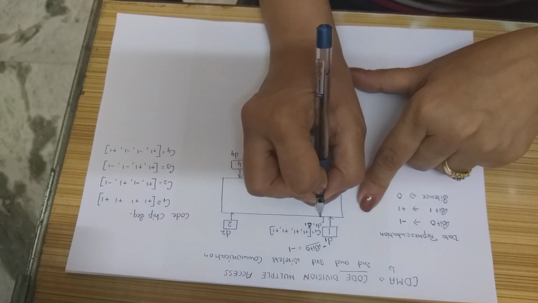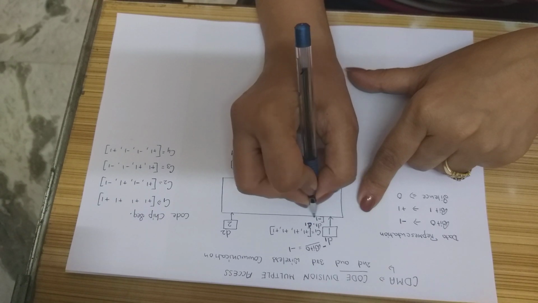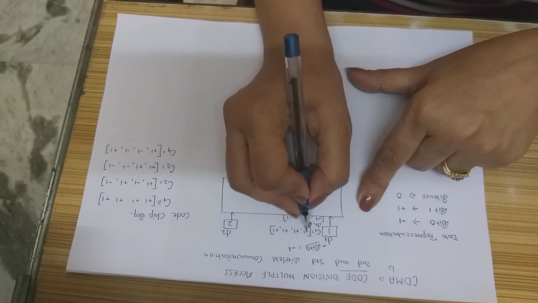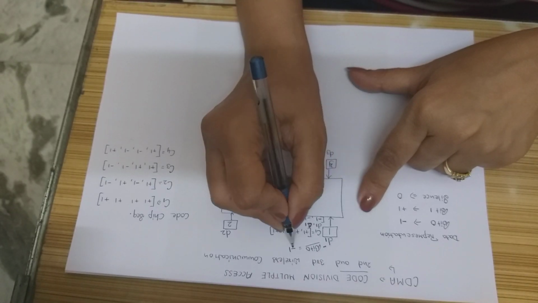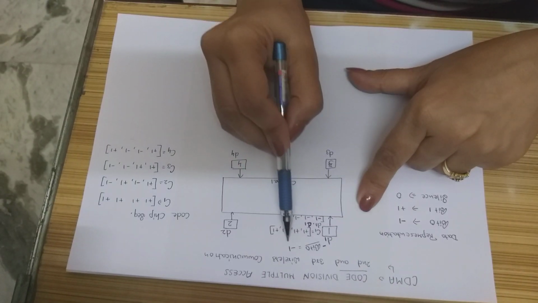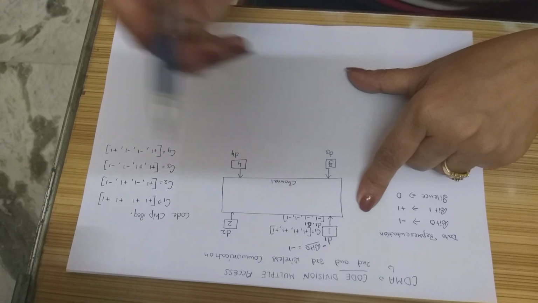So we get the value of D1 C1 for channel 1, that is -1, -1, -1, -1. How do we get this? You simply multiply +1 with -1 and you automatically get -1. In the same way, the second is -1, the third is -1, and the fourth is -1.